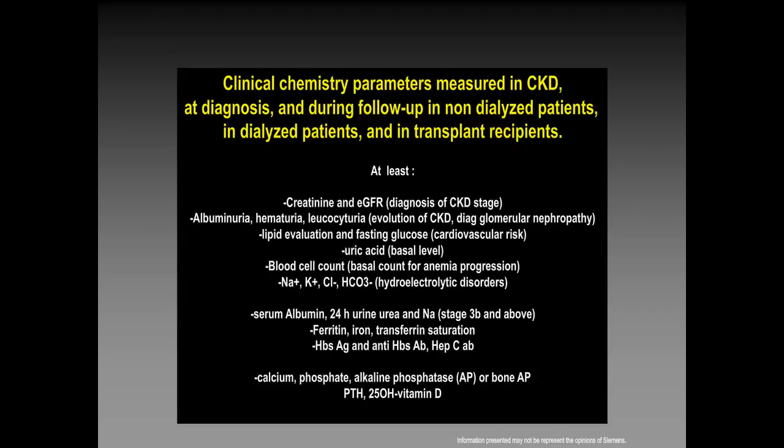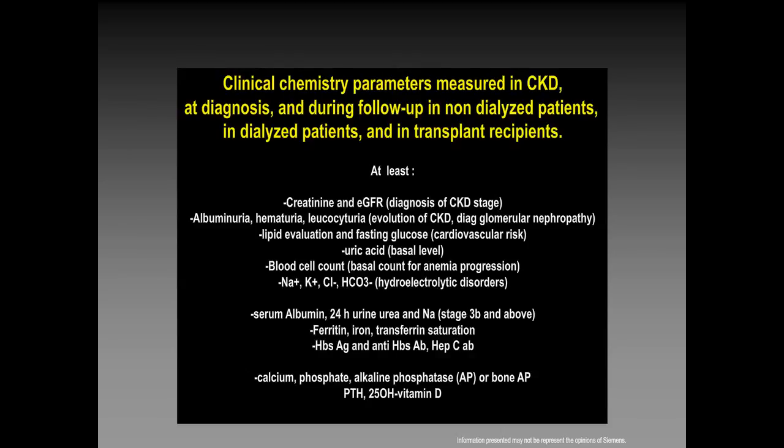The lab also needs to be able to measure protein in the urine or microalbumin to be able to perform accurate urinalysis for identification of cells in the sediment. They need to be able to evaluate lipids in blood and glucose. Uric acid is important, as well as general hematology.